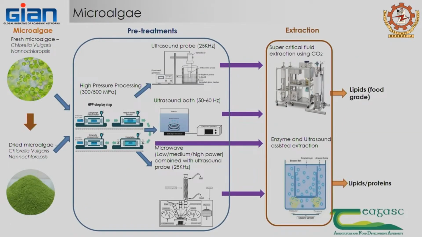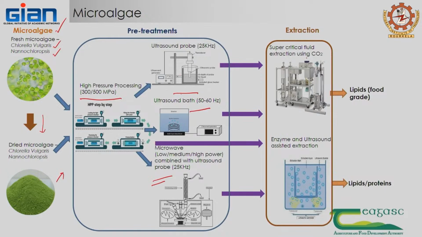So now coming back to your biorefinery stuff, whether it's microalgae, Chlorella vulgaris, Nannochloropsis, you dry it, you get dried powder. Either you use a fresh paste of microalgae when you remove the water through centrifugation or through membrane concentration, or dry powder, you treat it with high pressure to break the structure, to dislodge the structure, followed by an ultrasonic system or a microwave.